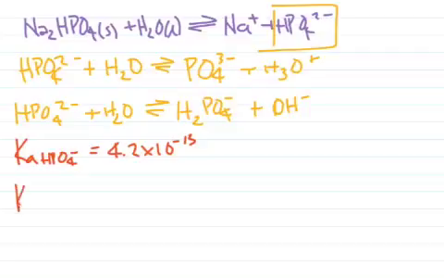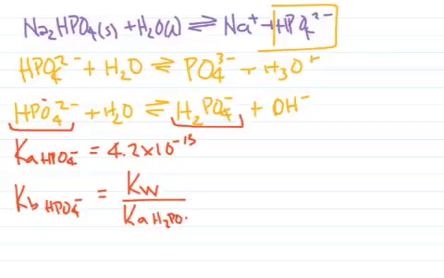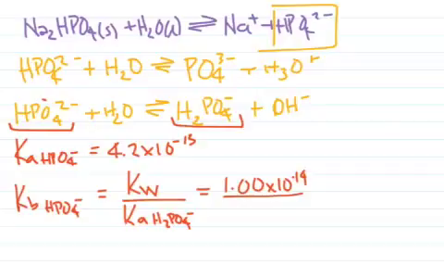To find the Kb of HPO4 2 minus, I need to take the Kw all over the Ka of the acid. So this is the weak base, which means this is the acid. I'm going to find the acid, H2PO4 minus, in Appendix C of my book, and I get 1.00 times 10 to the minus 14th all over 6.3 times 10 to the minus 8th, which gives me 1.6 times 10 to the minus 7th.